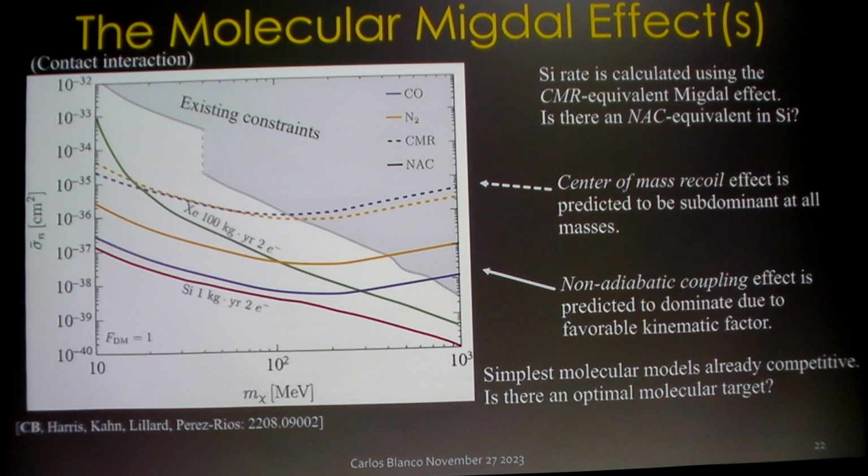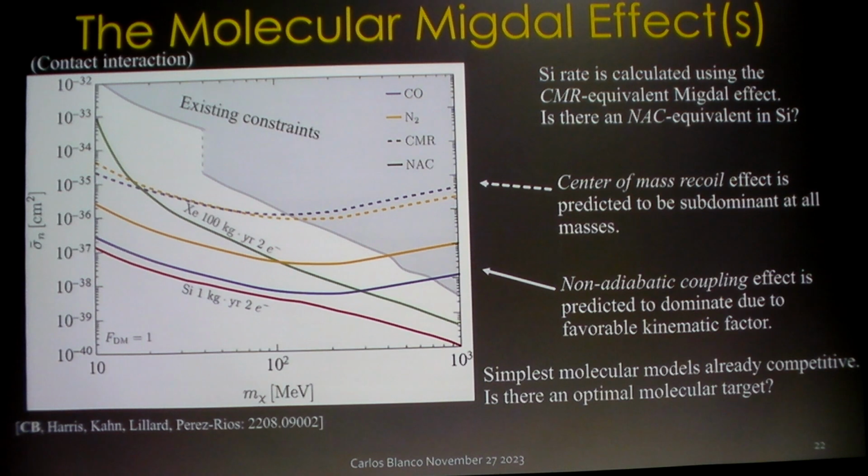And we also find, quite interestingly, that even for these very dumb molecules, we're already within less than a factor of 2 from the equivalent silicon sensitivity, right? So these are sort of the bleeding edge experiments now. And the silicon sensitivity comes from a calculation of a Migdal effect that only takes into account center of mass motions. And so a natural thing to ask is, does a non-adiabatic coupling effect exist in silicon?